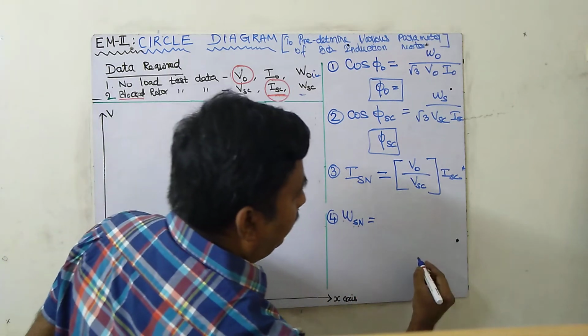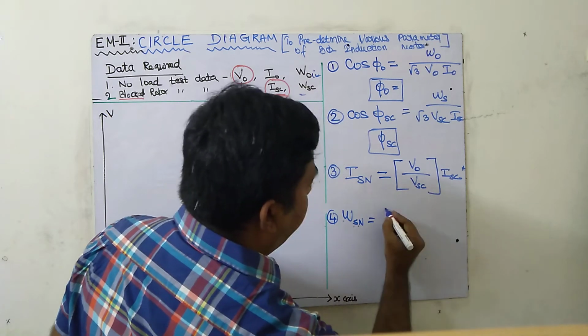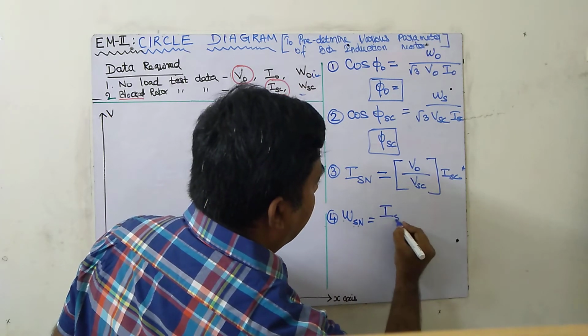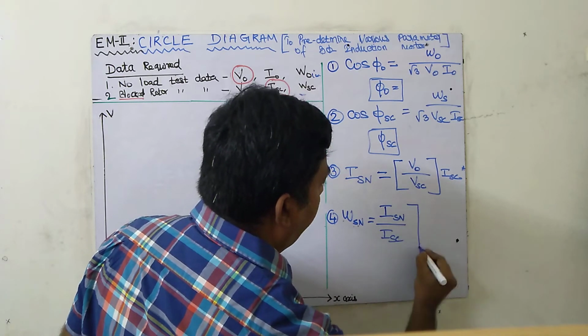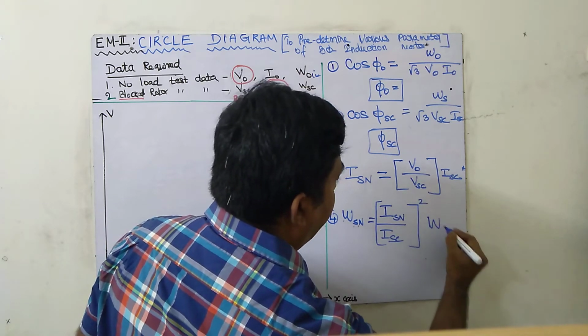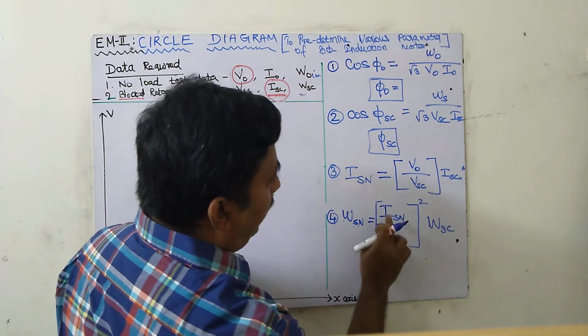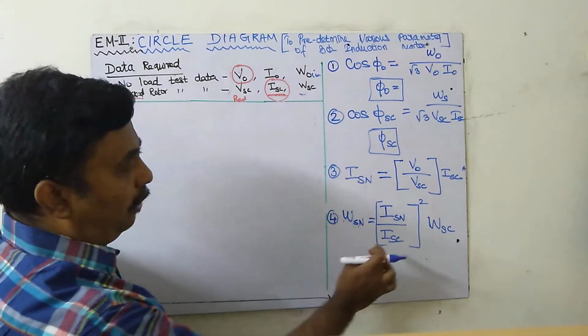I am deriving it. Short circuit power WSN equals ISN divided by ISC, the whole square, into WSC. WSC is a known quantity, and ISN we have found from ISC. How do I derive this formula?